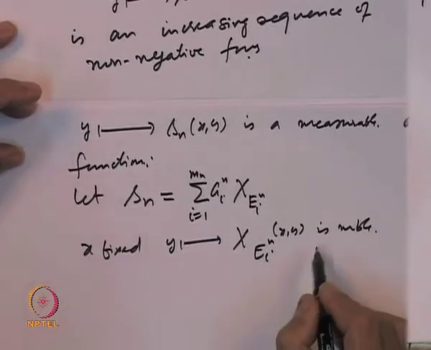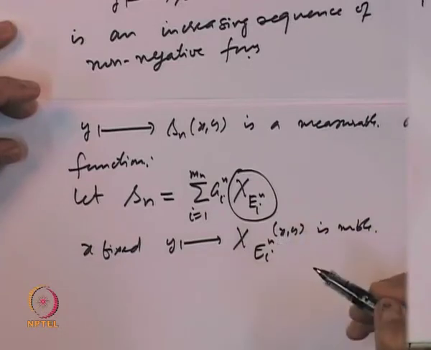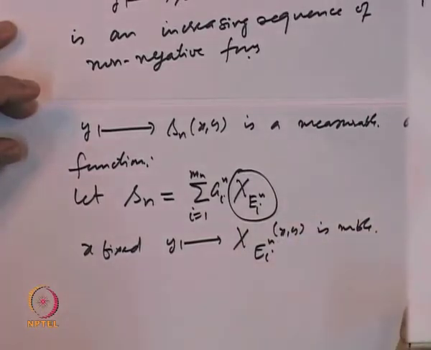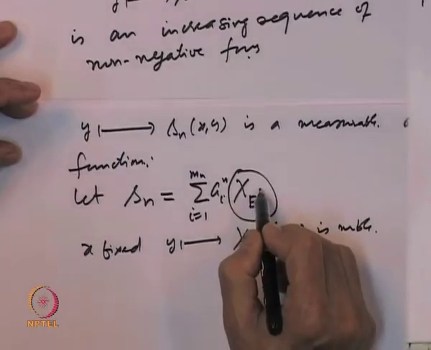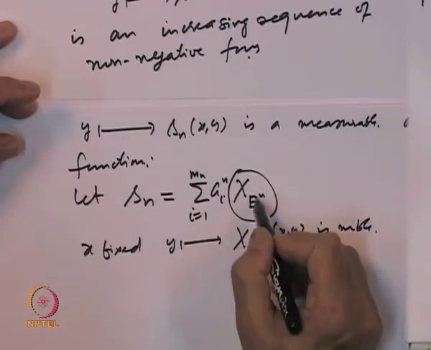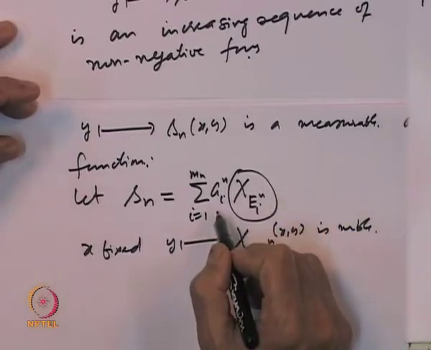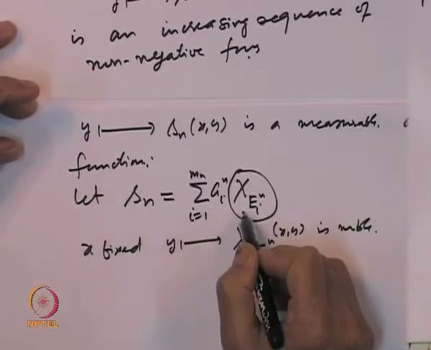Each one of them is measurable with respect to the product sigma algebra, because it is the indicator function of a set, and for every fixed x, this will be a measurable function of y. So, there will be the sections. Okay. So, that will be measurable.